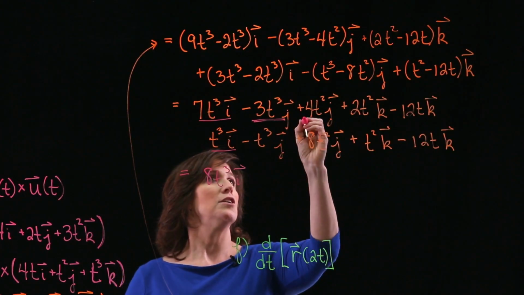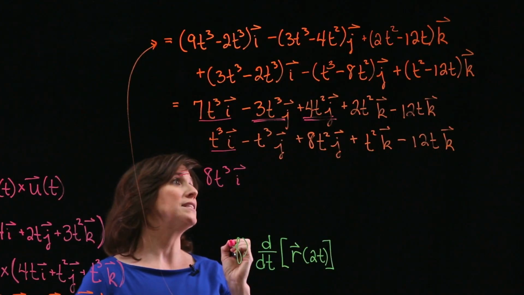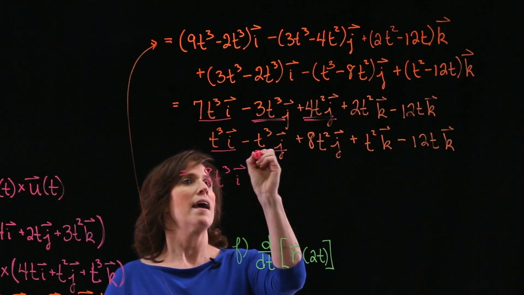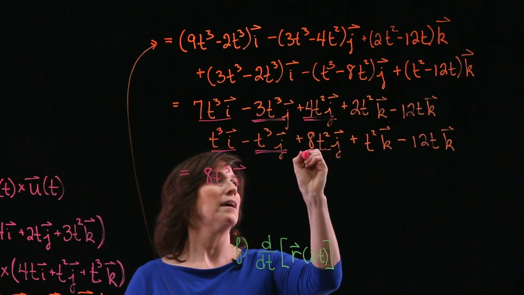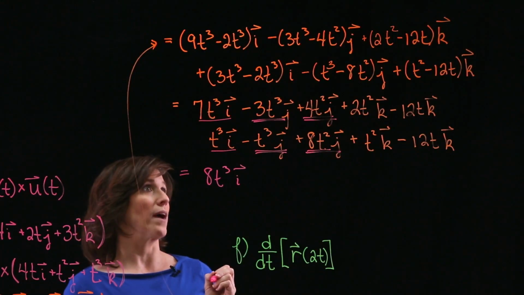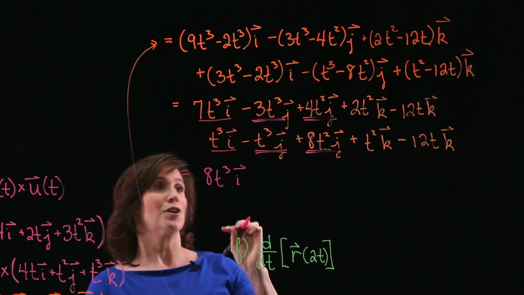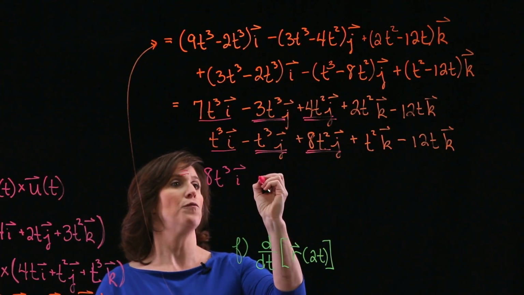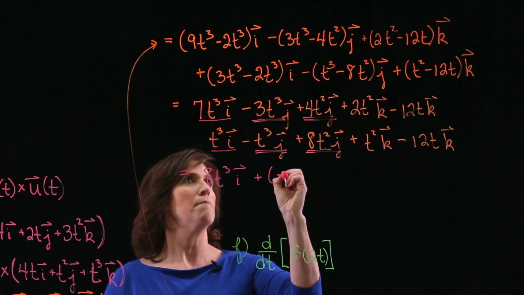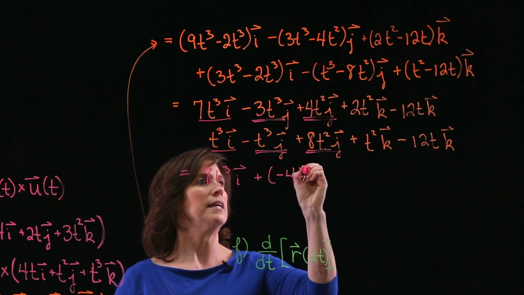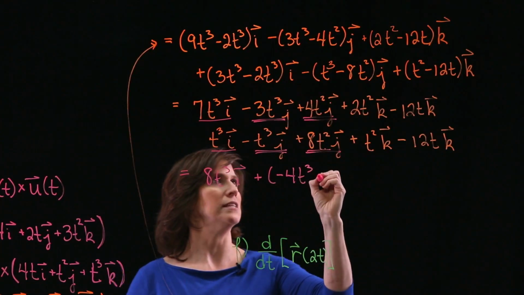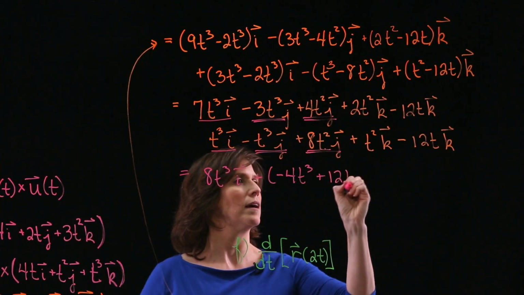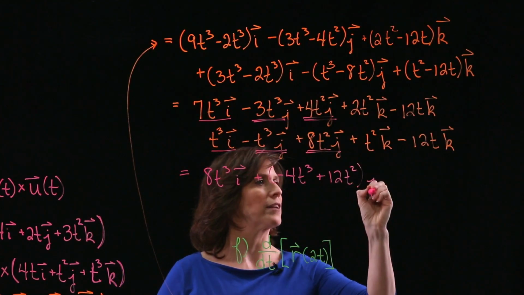There's a minus 3t cubed, a 4t squared, a minus t cubed, and an 8t squared. So the t cubed terms add together to be a minus 4. So let's add a minus 4t cubed, and this will give me 12t squared times my vector j.